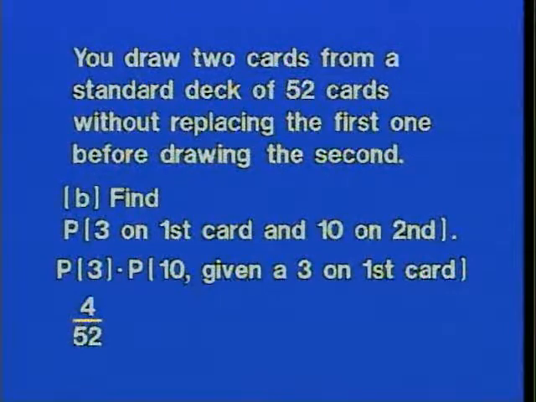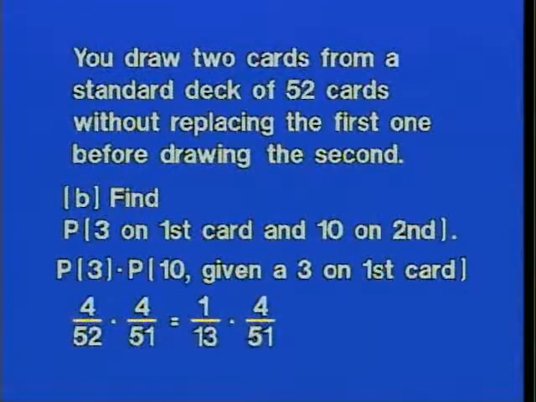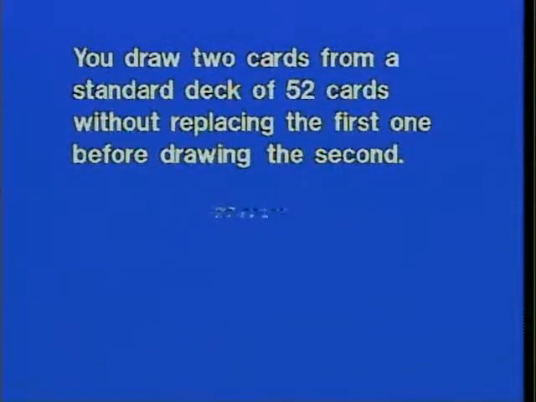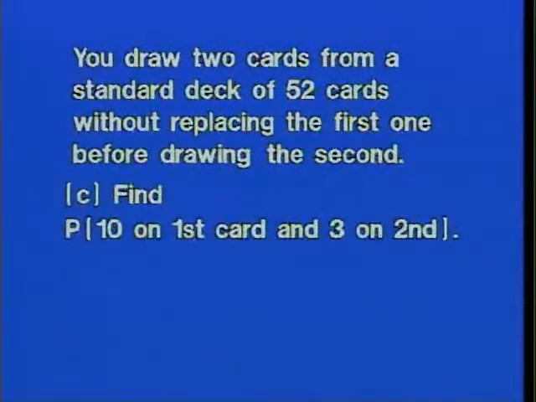Now once that 3 is drawn and not replaced, it leaves only 51 cards in the deck. And so the probability of drawing a 10, there are 4 10s, but the number of cards in the deck is now 51. Now 4 over 52 is reduced to 1 over 13, which gives 4 over 663, or 0.006 for the probability number.